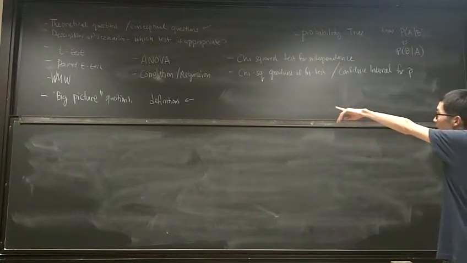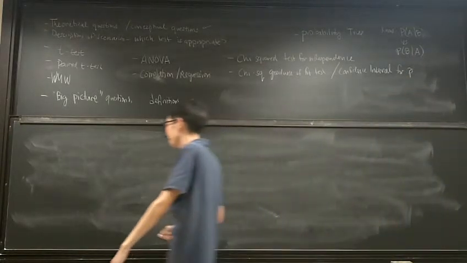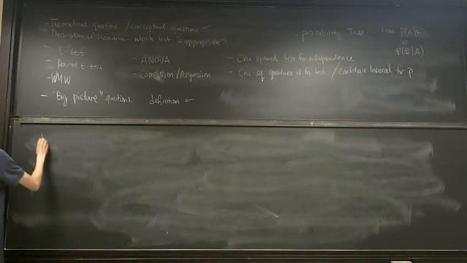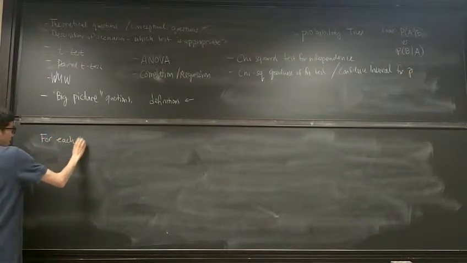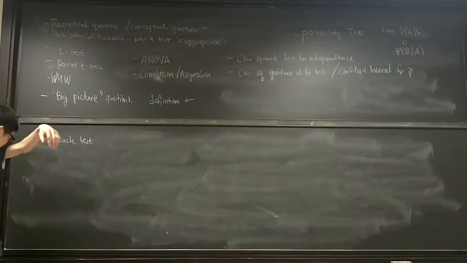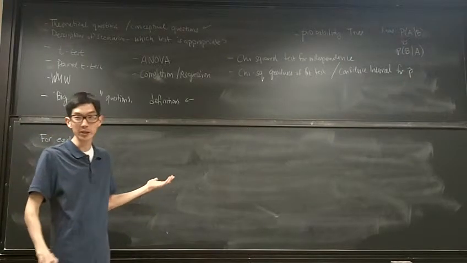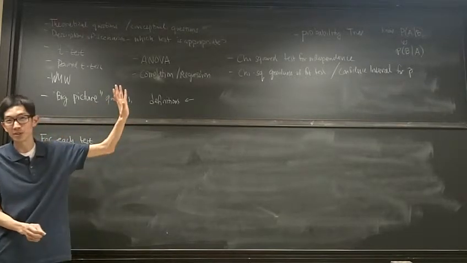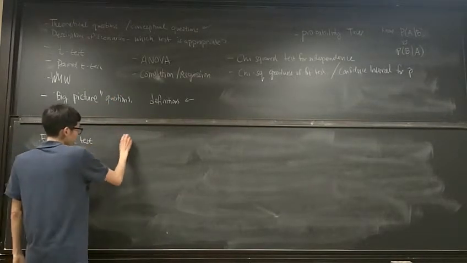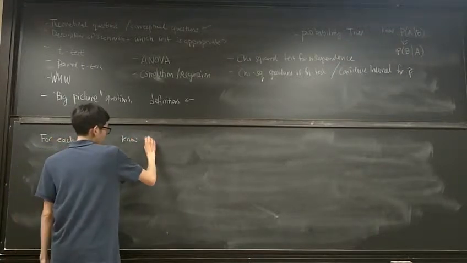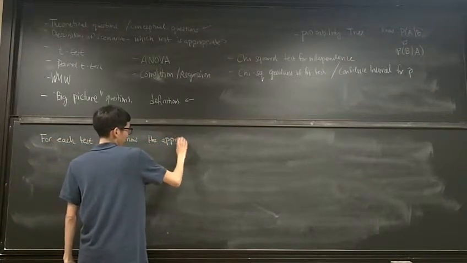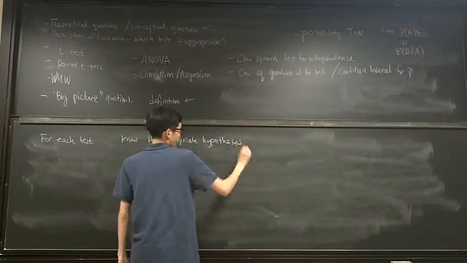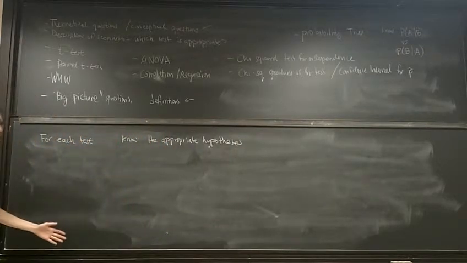Yeah, so for all of the different tests, okay, it will probably come down to this: for each test, you should know what the appropriate hypotheses are, okay? I'm not going to ask the same questions for every single one of these things, okay? But know the appropriate hypotheses.